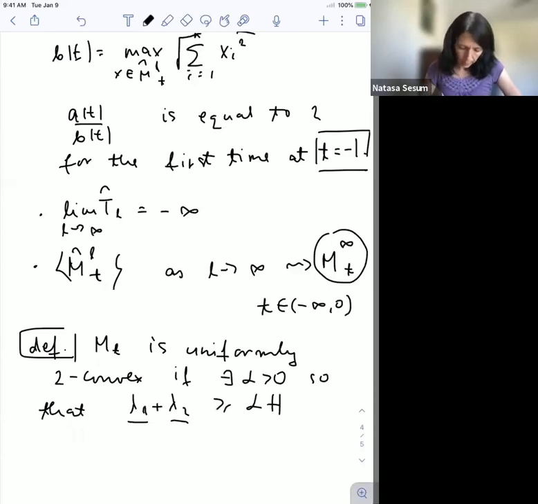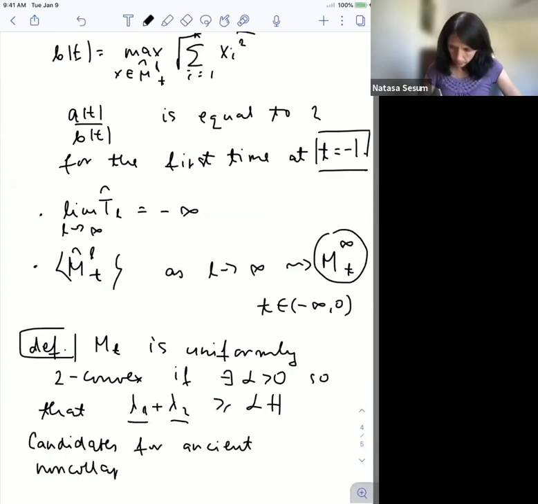So what are the candidates for ancient, non-collapsed, uniformly two-convex, convex ancient solutions?